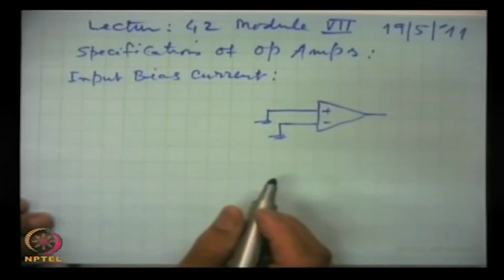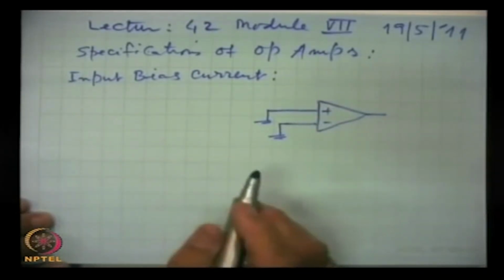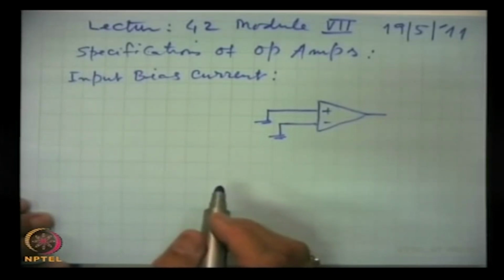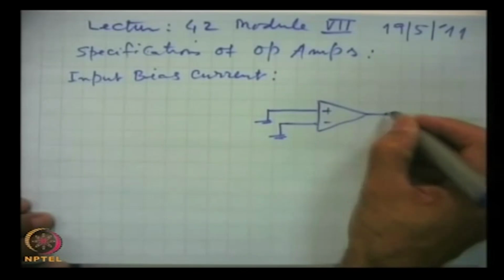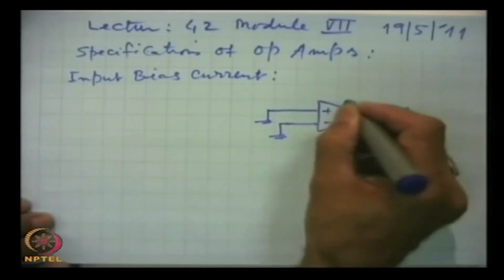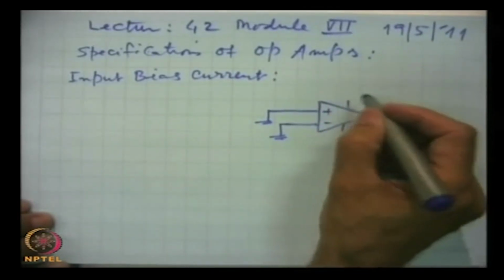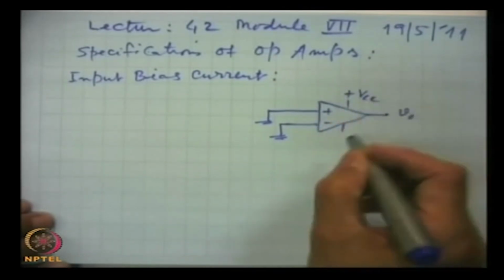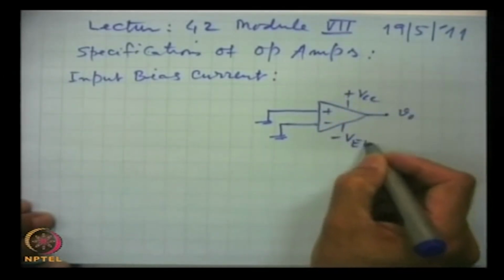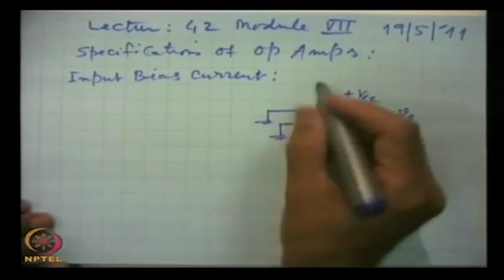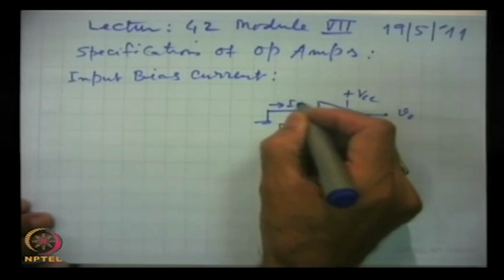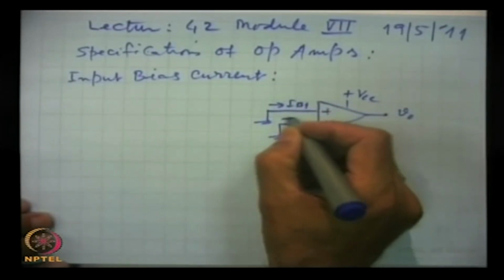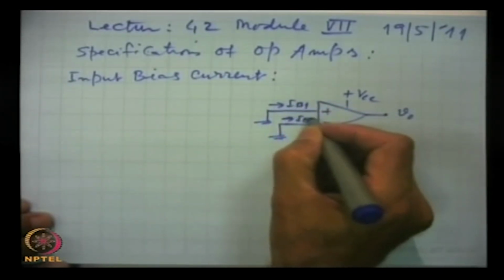Input bias current is when we do not attach any external voltage at the inputs, even then some output is observed in op amps. This is the base current IB1 and IB2.